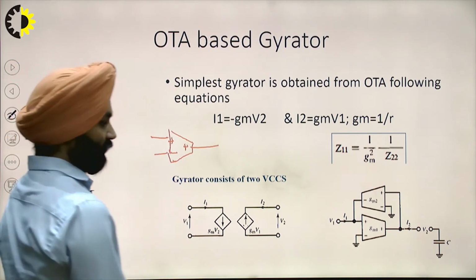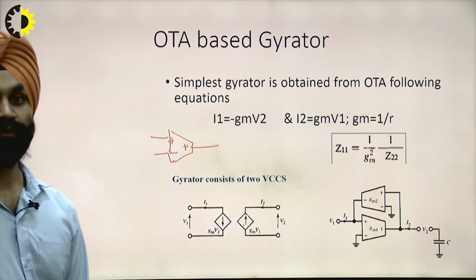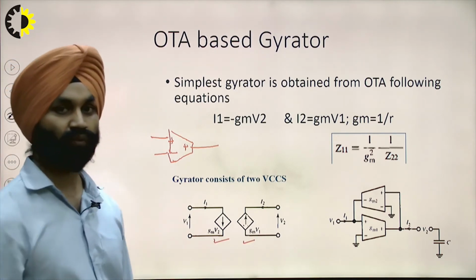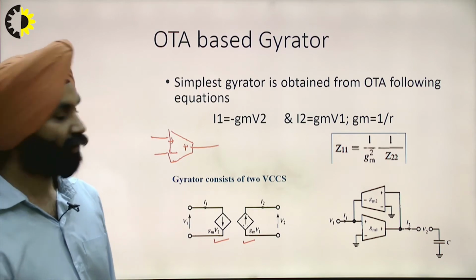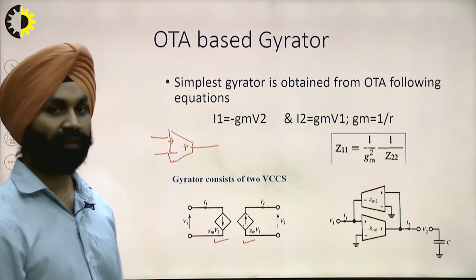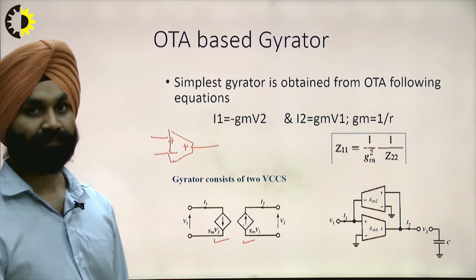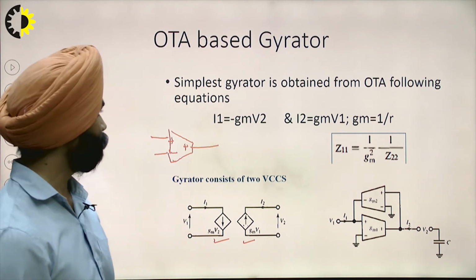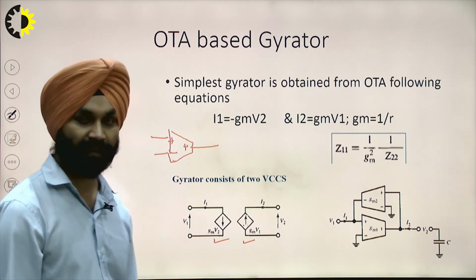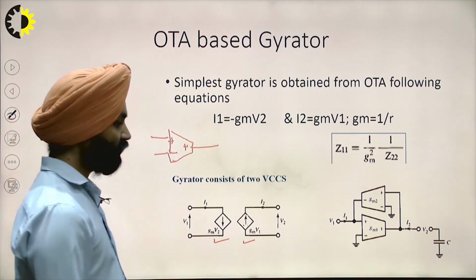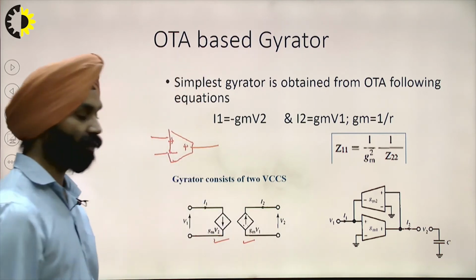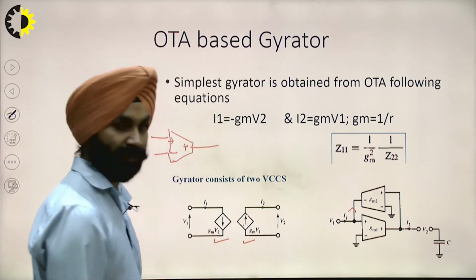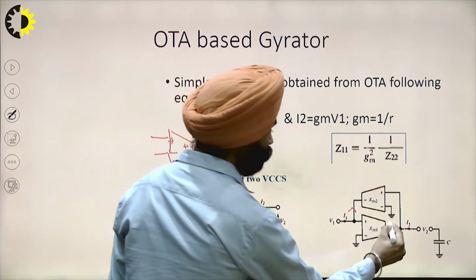Now we can create this gyrator using two transconductors. As we have seen, it can be made using two voltage controlled current sources. So if we use transconductors, we can make gyrators which can mimic inductors. So one transconductor is like this one. Here I1 current is going through this way, and I2 current is going through this way.